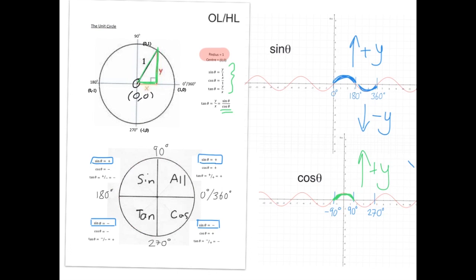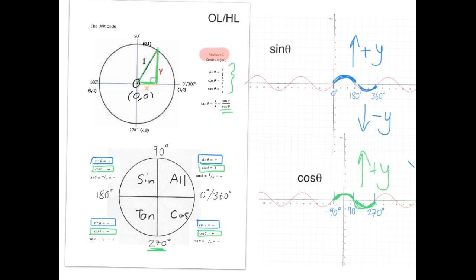Minus 90 degrees is the same as 270, so cosine is positive down here and up here. And we see that between 90 degrees and 270 degrees, cosine is negative. So negative here and here, in the second quadrant and third quadrant.